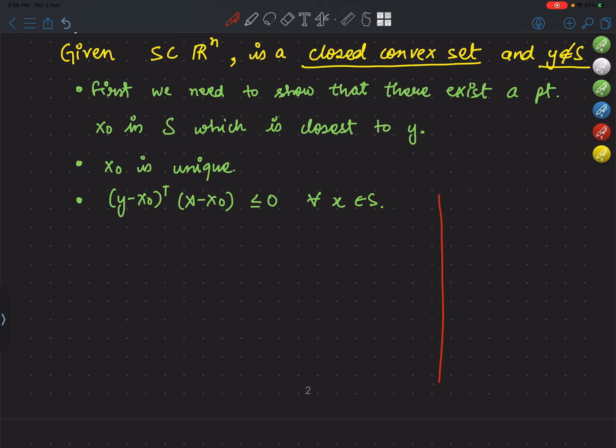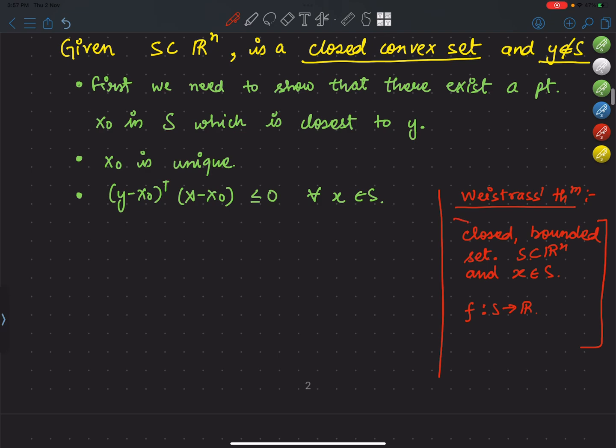What the Weierstrass theorem tells us is that if we have a closed, bounded set S, and a function f from S to R, where S is a subset of some n-dimensional real space, then we are definite to find a minimizing point of f in S. So we'll always find a minima of f in S. That is what the Weierstrass theorem says.